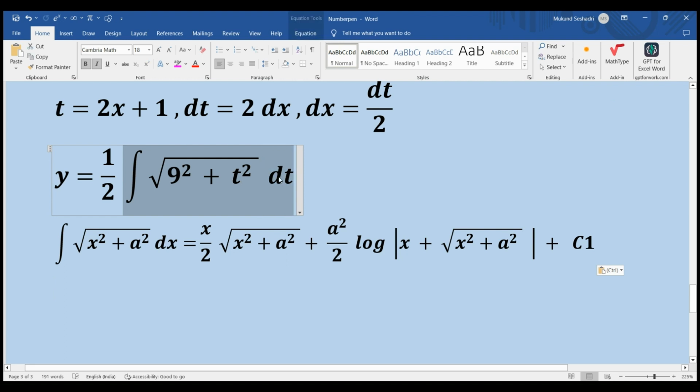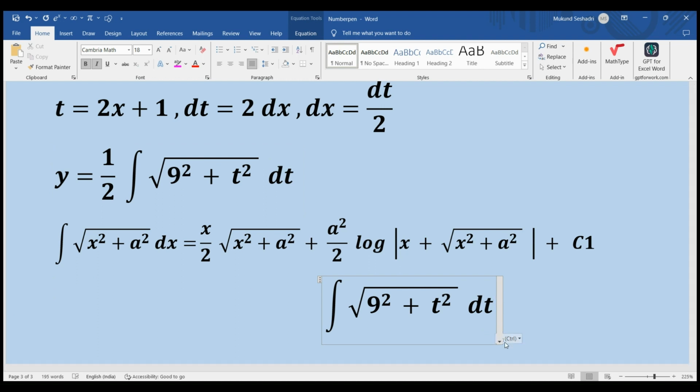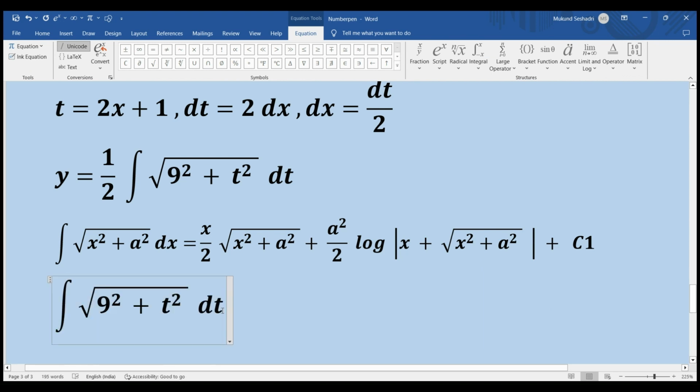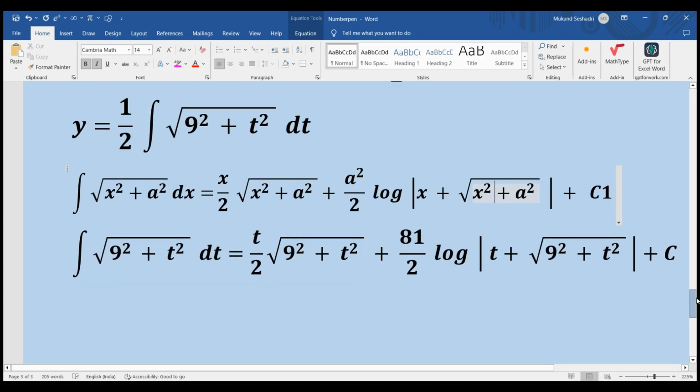So we'll keep y aside, pick just the integral term, and make the corresponding substitutions to arrive at our final answer for the integral. And then we go back to y. In place of x we have a t, and in place of a we have a 9, right? So I'll go ahead and make the corresponding substitutions. So that's my integral of square root of 9 square plus t square times dt.